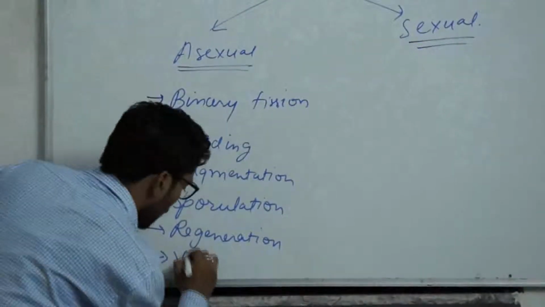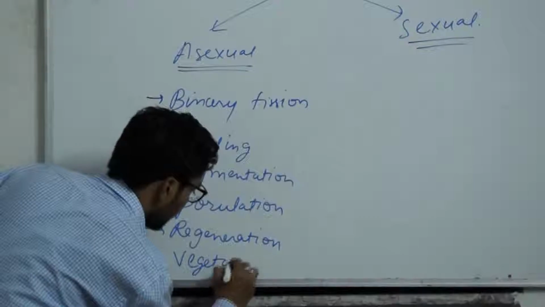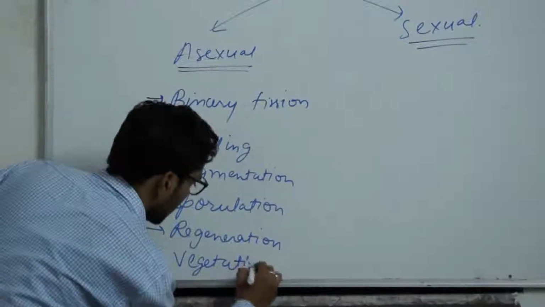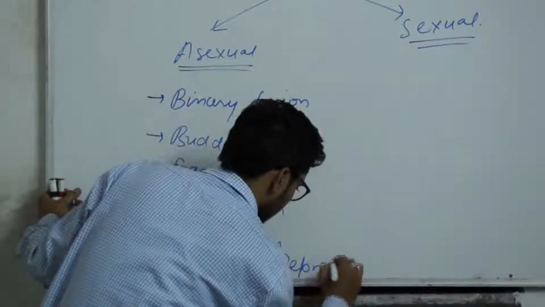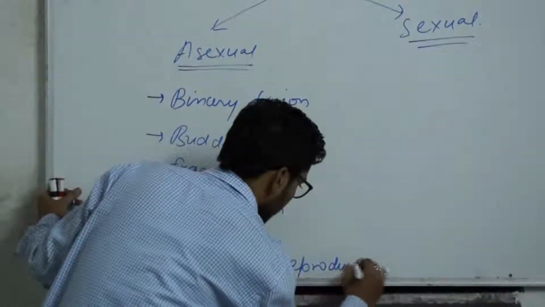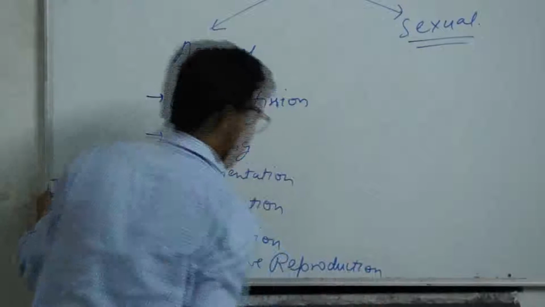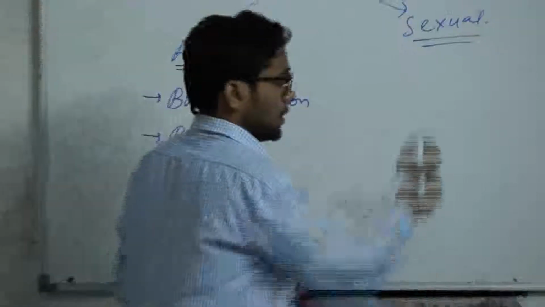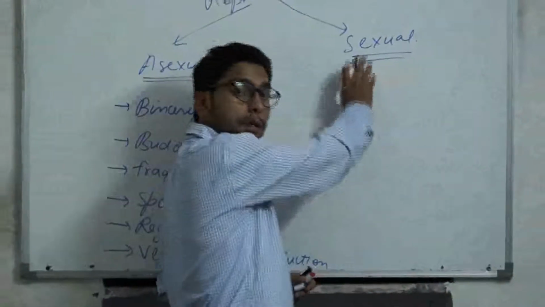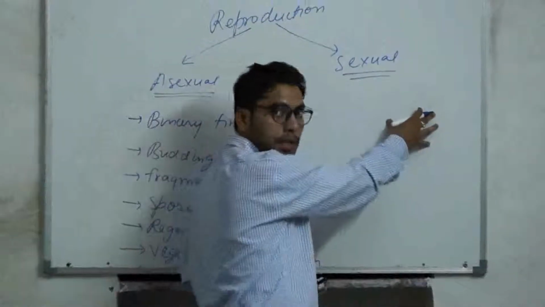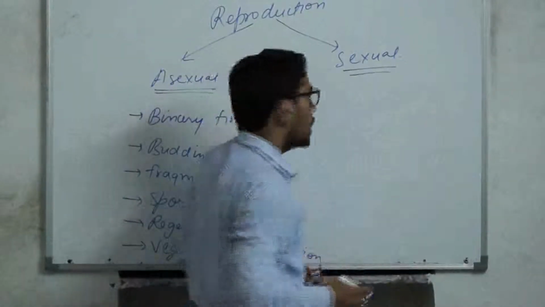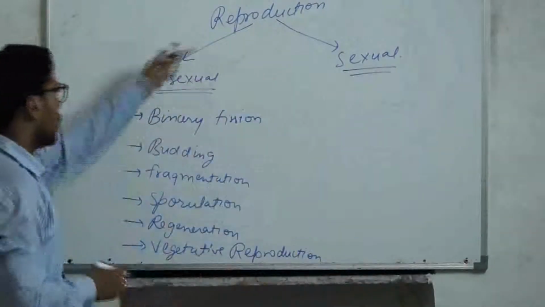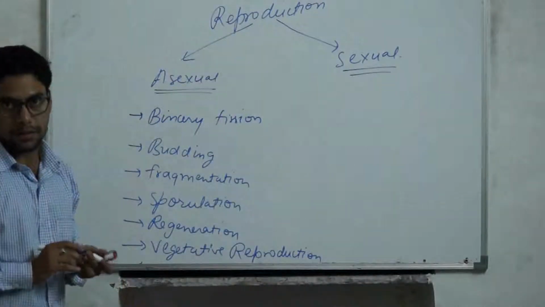And sixth is vegetative reproduction. And the sexual reproduction in plants and animals has been divided further. So, we will talk one by one about all the reproductions.